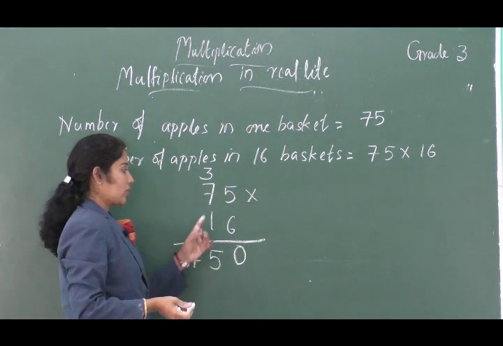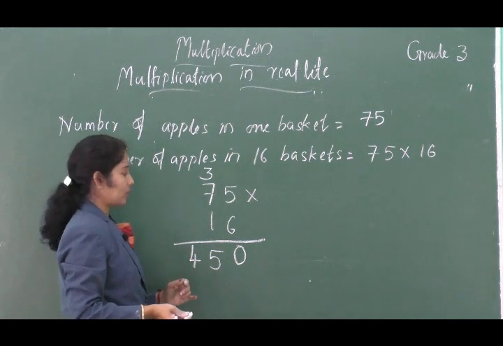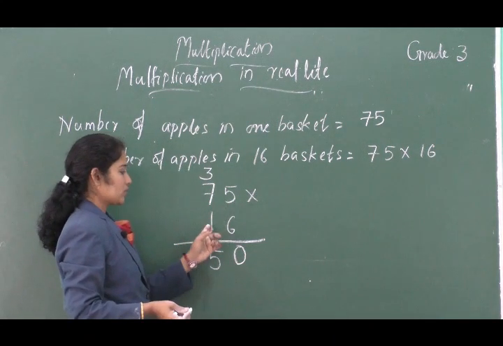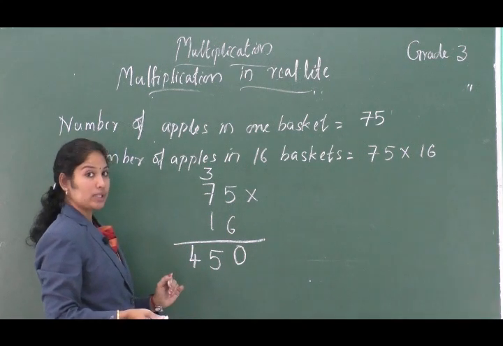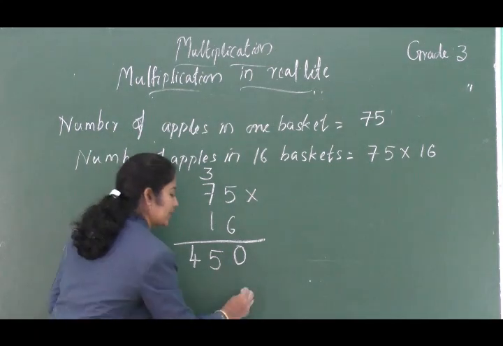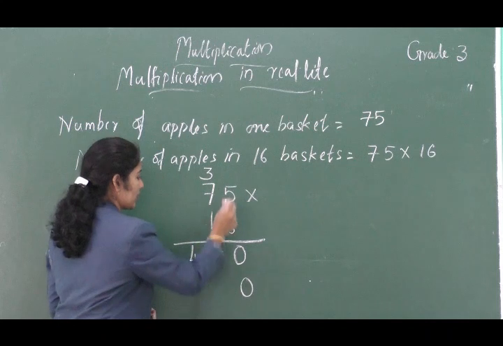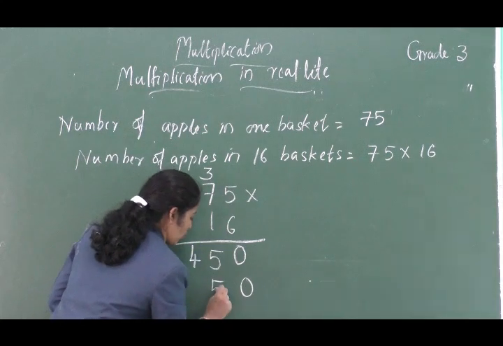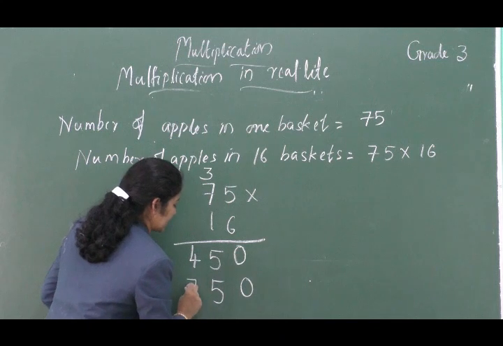Next step we have to calculate 75 into 10. So first we have to calculate 1 into 5. And which place do we have to write? Yes, the tens place. And in the ones place we have to write 0. And 1 into 5 is 5. 1 into 7 is 7.